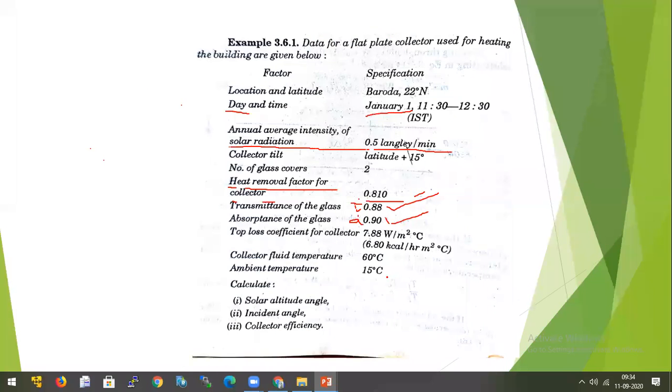See, in the data, this is 6.80, top loss coefficient of collector. If you are taking the remaining units in watt meters, you have to take 7.88. If you are taking remaining units in kilocalories per hour, meter square, degrees Celsius, you have to take this 6.80. So as I am taking all the units in kilocalories, I am taking this 6.80.